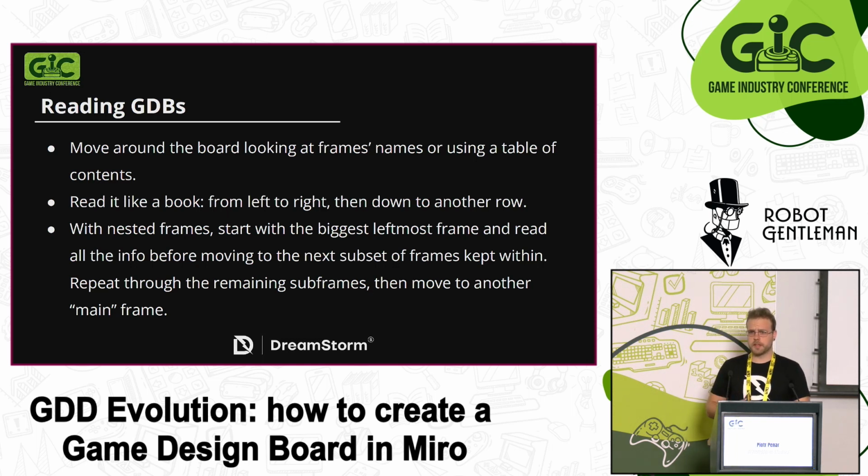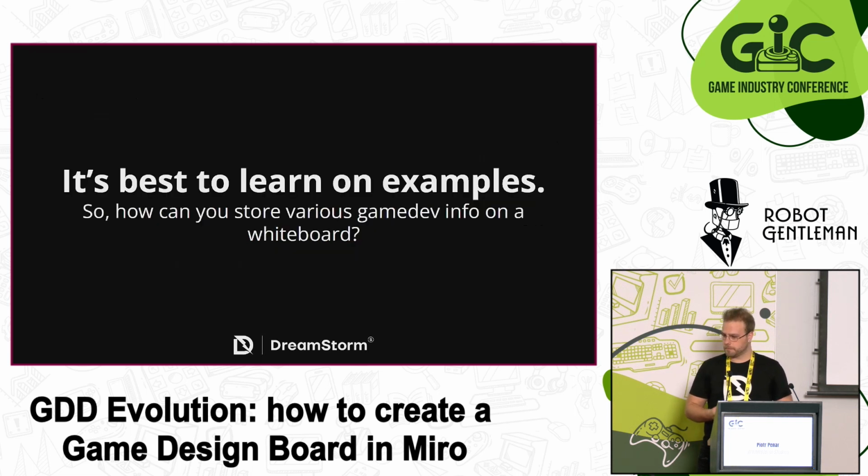So use a table of contents or name your frames. If you zoom out in most of the tools, you can still see the frame name in its full glory. So naming your frames and just reading the frame names is a very quick way to read it. It depends on how you handle the nested frames, but the general idea, left to right, top to bottom, is still there.